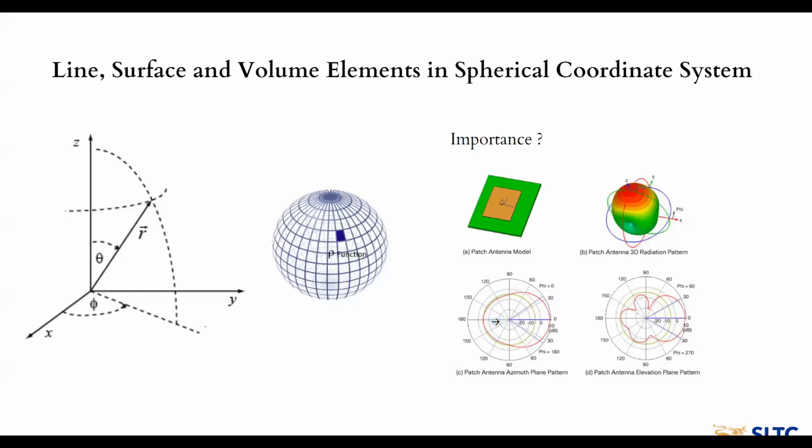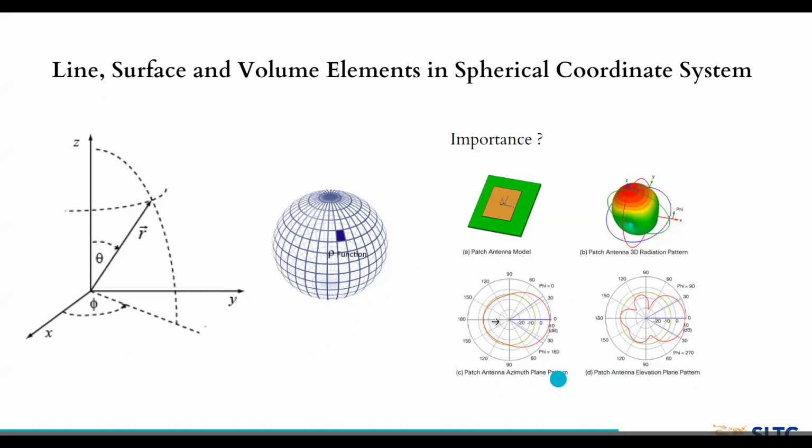So let's resume the spherical coordinate system explanation. Spherical coordinate systems can be used to analyze the radiation of antennas and understand the performance of antennas and so on. We normally use plots like this to find the radiation of an antenna, for example.